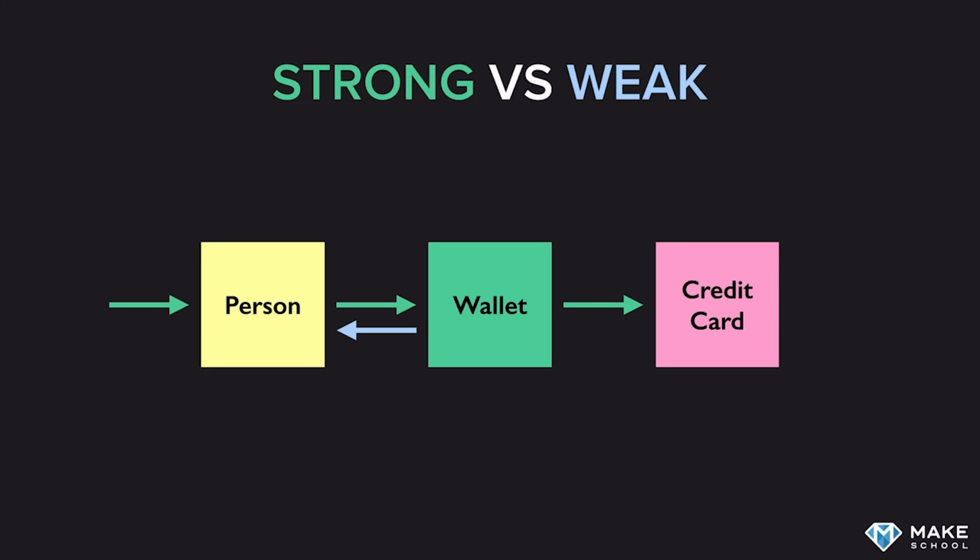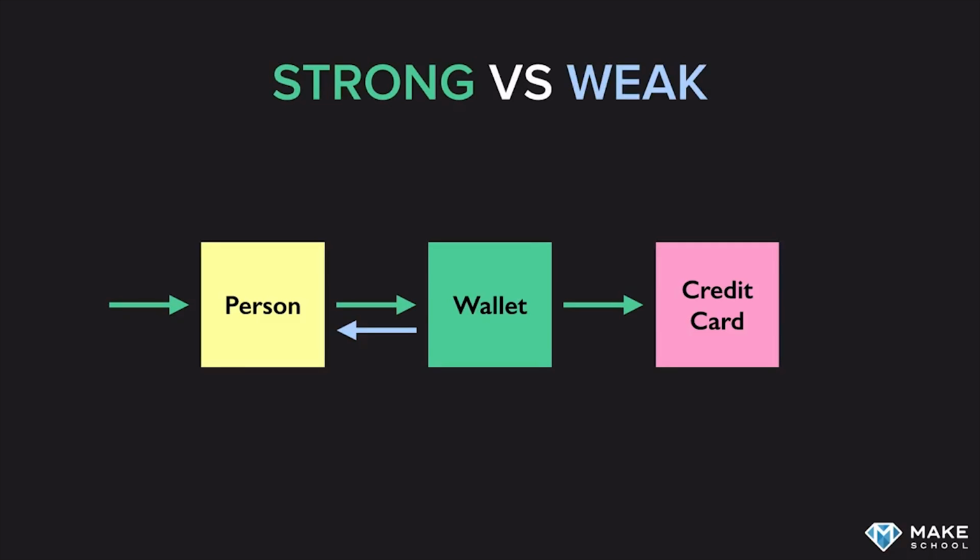Let's take a look at an example of strong and weak references. In this example, we have a person, a wallet, and a credit card. Strong references indicate ownership, and weak references are just simple references, but not owning ones. So in the context of this example, some external resource owns the person. The person owns a wallet. The wallet has a reference to the person.